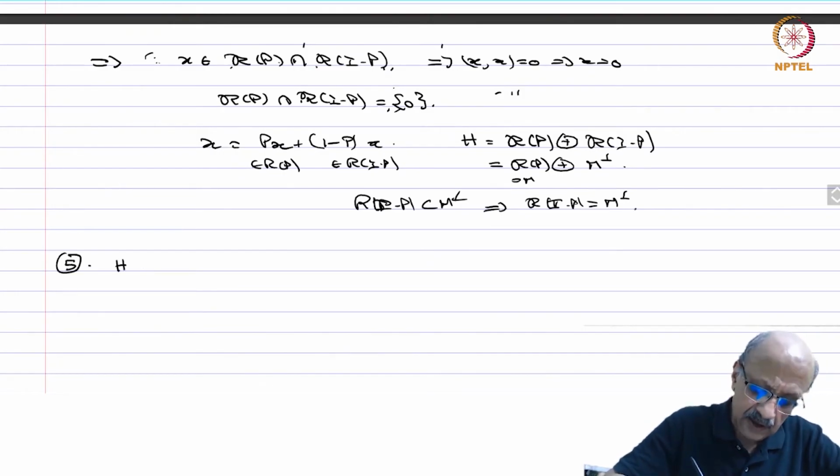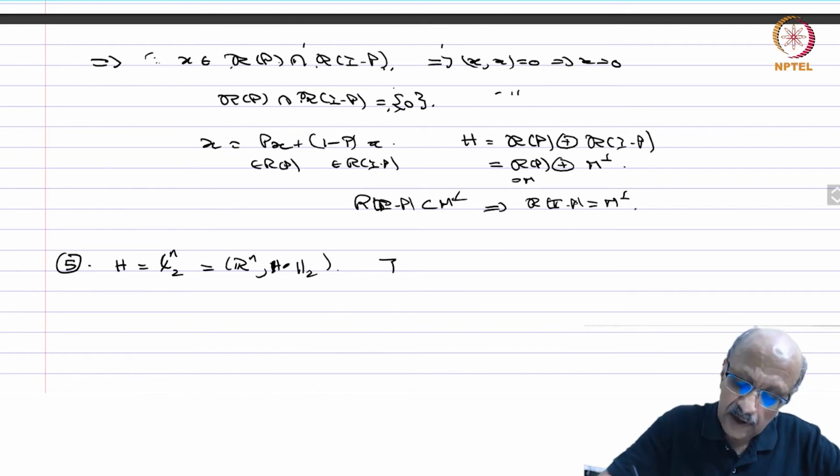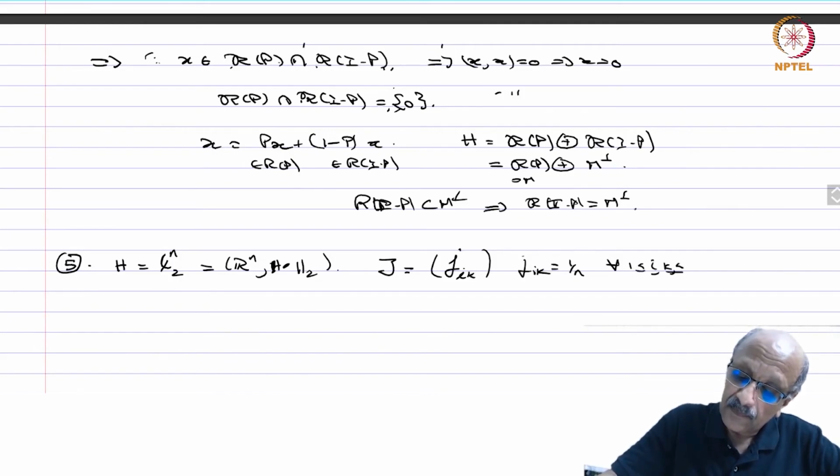Let us take H equals l_n^2. Recall this is equal to R^n with the norm 2. Then you look at the matrix J equals J_ik, where J_ik equals 1 by n for all 1 less than or equal to i, k less than or equal to n.